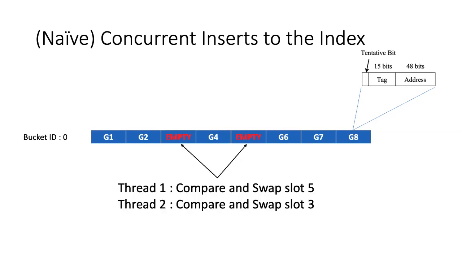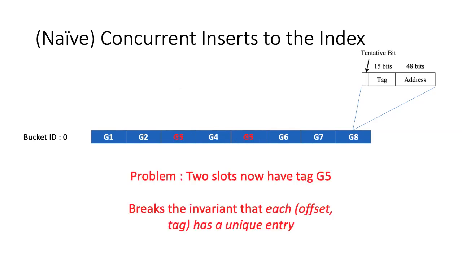And if we just wanted to naively compare and swap, what could happen is thread 1 compares and swaps slot 5, and then thread 2 will compare and swap slot 3. Both inserts will work, but the problem is now we have 2 slots with this tag G5, and what they want to enforce in this index is that we only have 1 entry per offset and tag combination. So this doesn't really work.